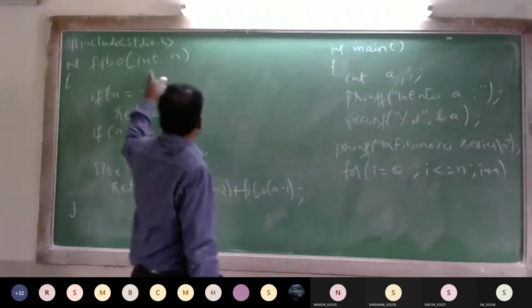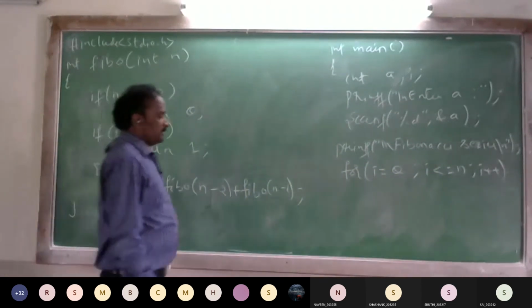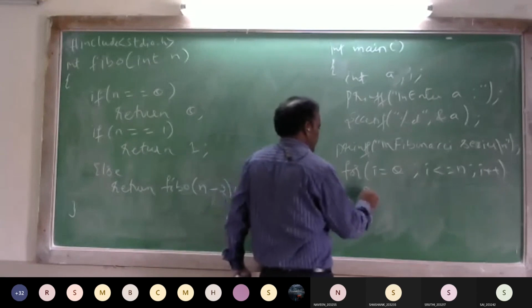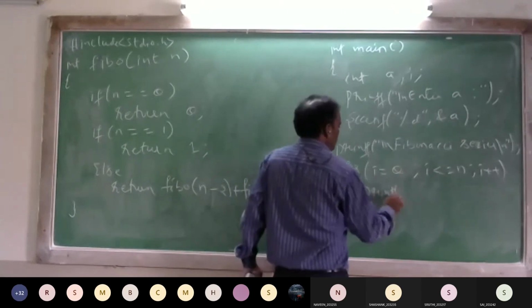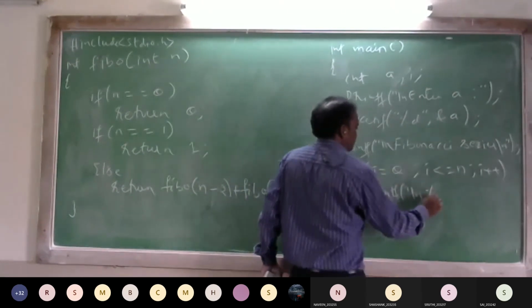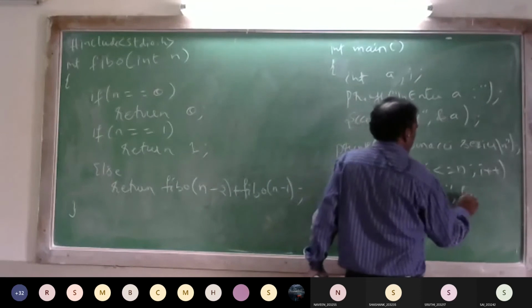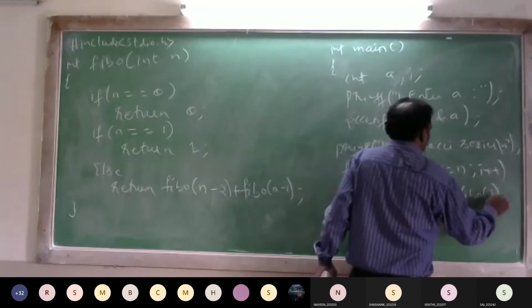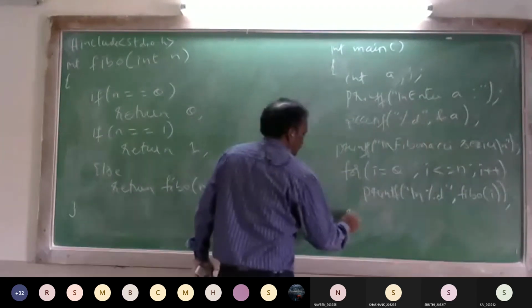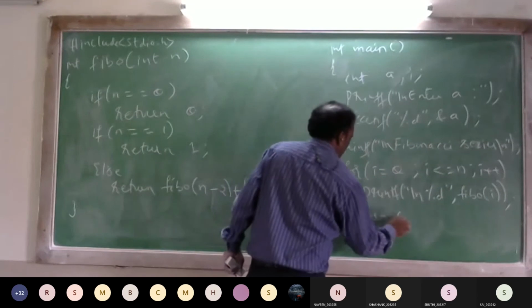Now you call this function. Now print as slash n percentage d comma Fibo of i. Return 0.